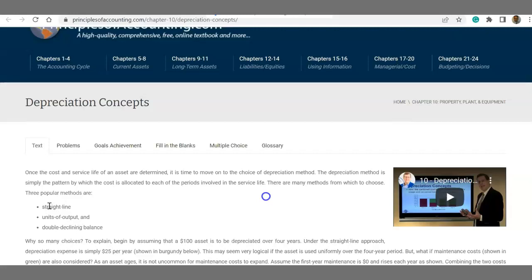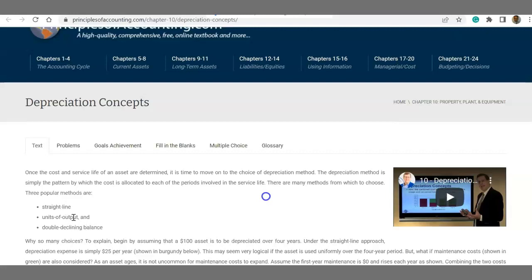So if you use straight line or double declining, it will be almost the same as your tax depreciation, and you don't need to do adjustments in your books compared to your taxes.